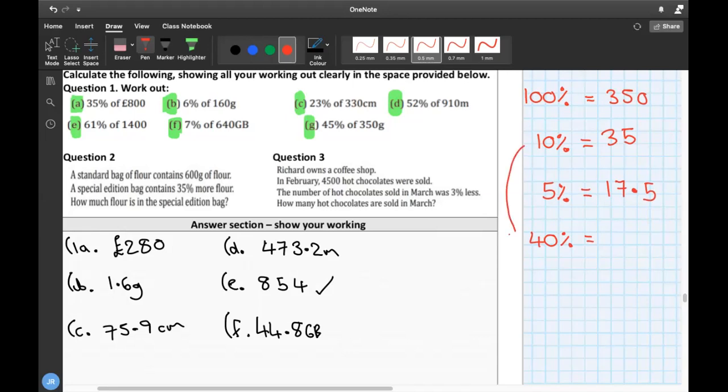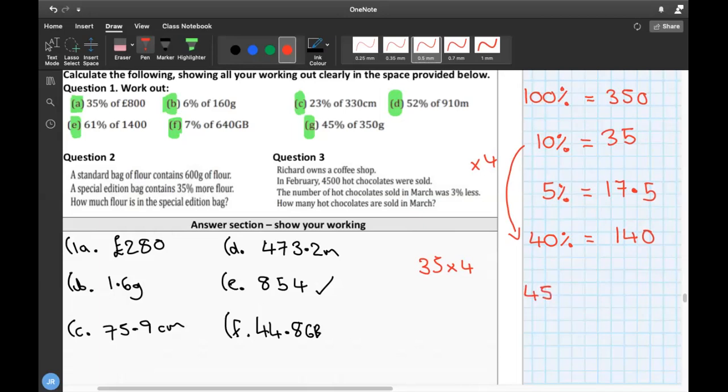So from 10% to 40%, we multiplied by 4. So you need to do the same with the amount, 35 multiplied by 4 as well. So there, 40%, what's that going to give us? Well, 35 times 2 gives us 70. Double that again, and you're going to get 140. Okay then, we needed 45%.